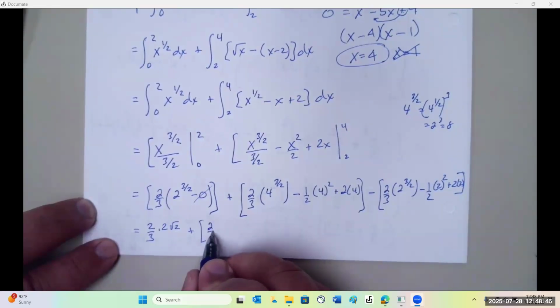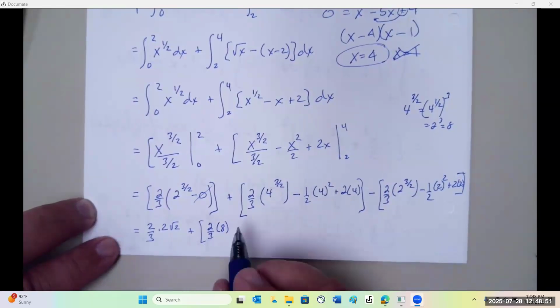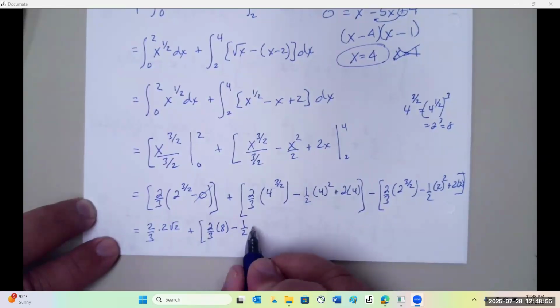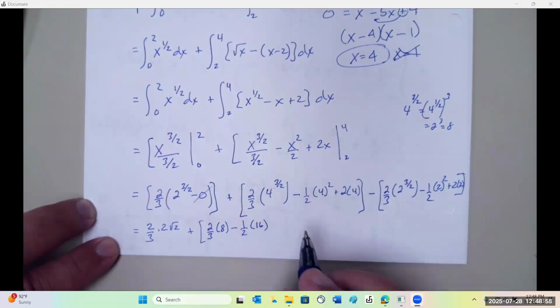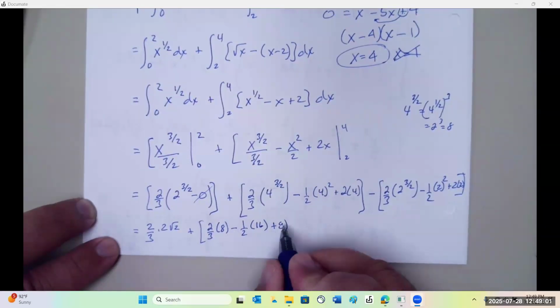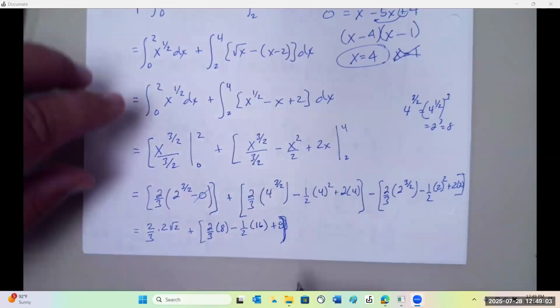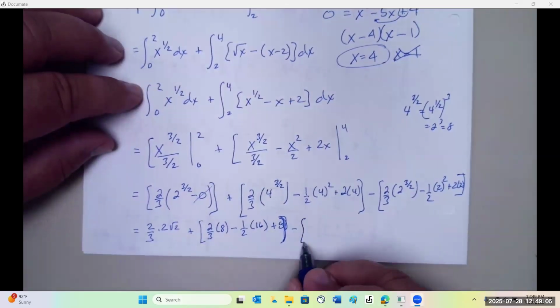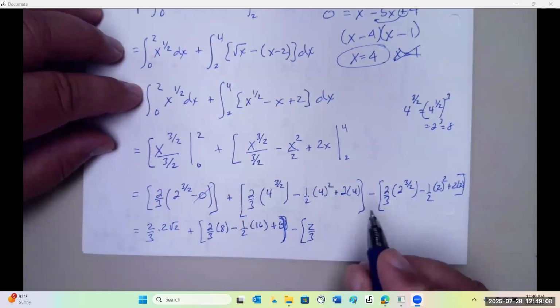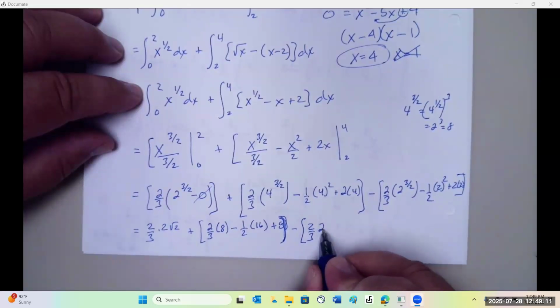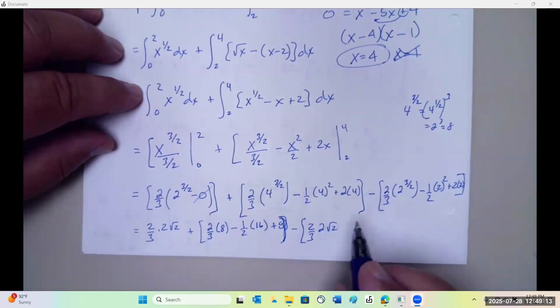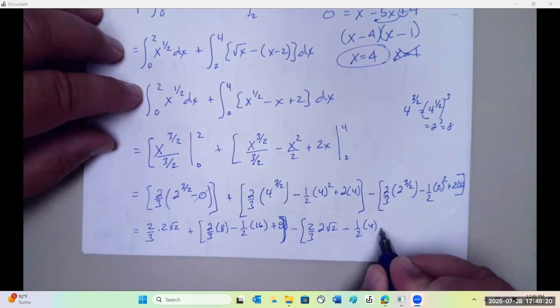So it's 2/3 times 8, minus 1/2 times 16, plus 8, minus 2/3 times 2 square root of 2, minus 1/2 times 4 plus 4.